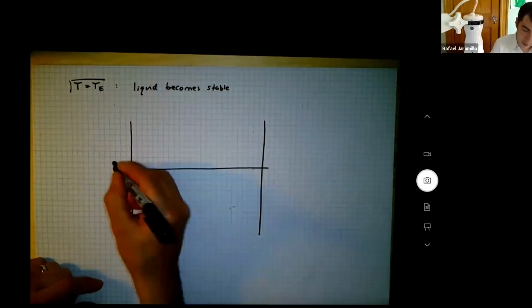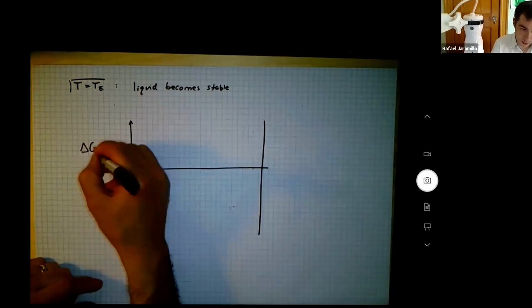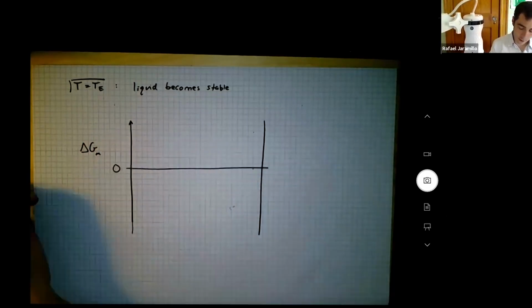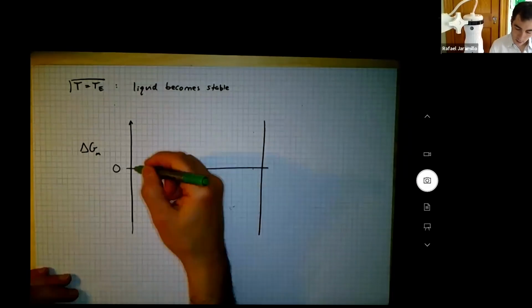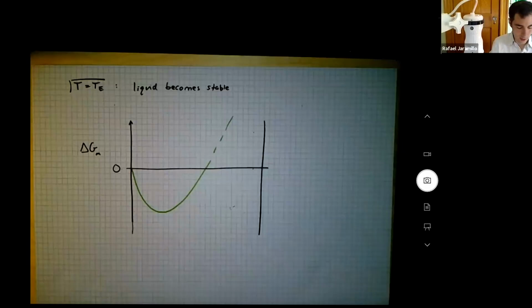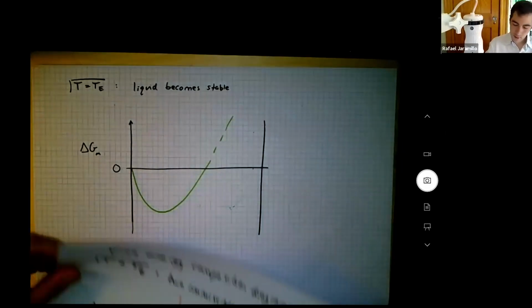Here's my 0. What colors did I use? Alpha was green, so let's draw alpha. Beta was blue, so let's draw beta.